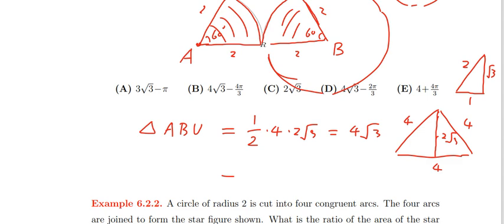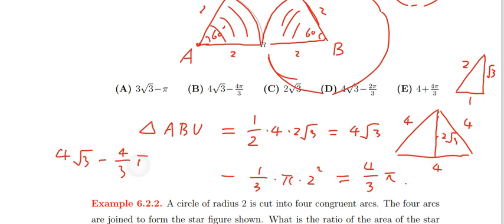Because there's 2 the same. So 1 over 3 of pi r square, r is 2, so this equals 4 over 3 pi. So the answer should be 4 radical 3 minus 4 over 3 pi. Okay.